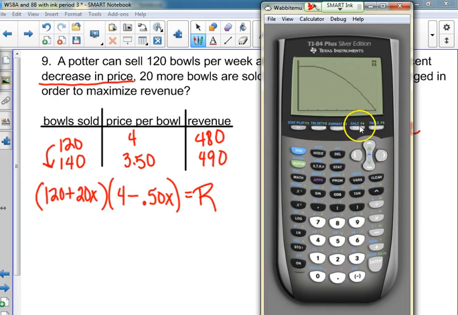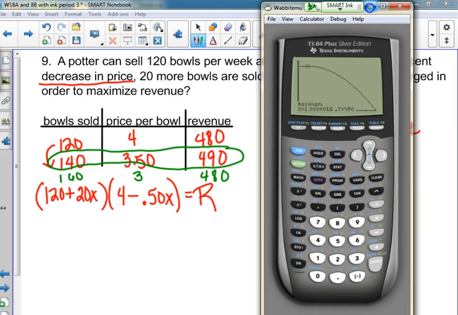It's kind of hard to tell, but you can just tell the calculator, I want to find a maximum between 0 and 8. And it says it's at 1. Because like I said, if he did another set of 20 here, and this went up to 160 and this went down to $3, that's 480. So it's headed back down. So the maximum is right here.